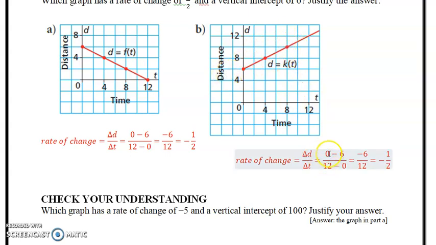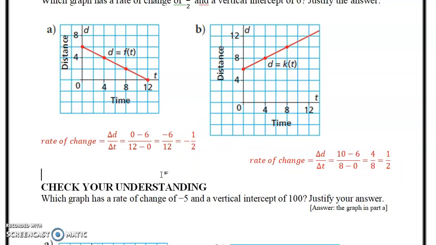So here we have 10 minus the initial distance of 6, and our time was 8 minus 0. That gives us 4 over 8, which is equal to positive 1/2. And the answer's finished.